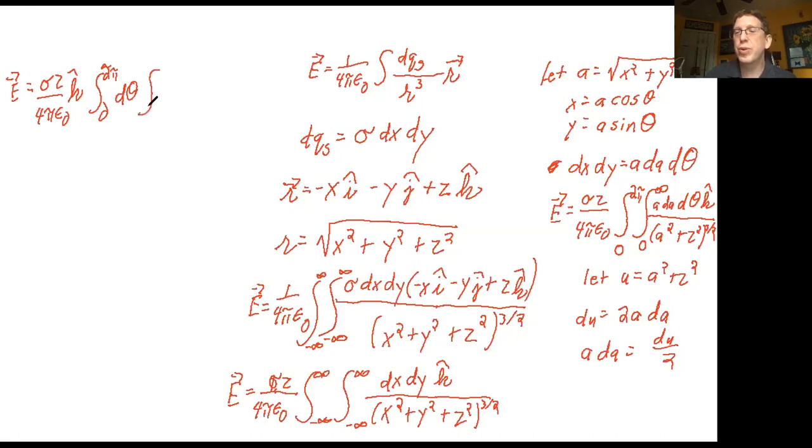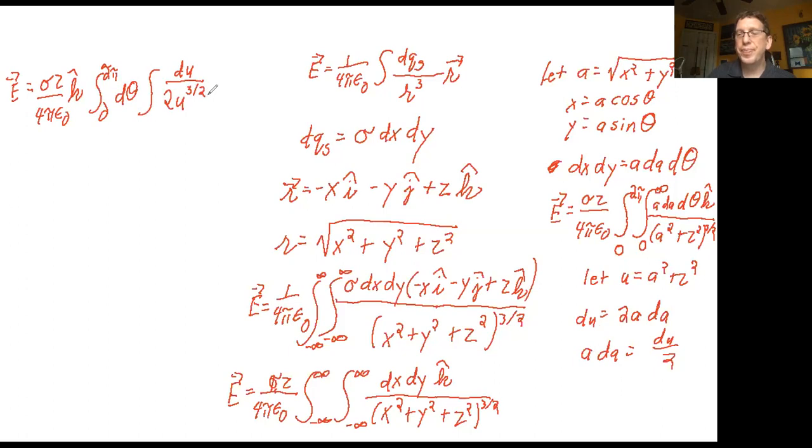Then over here, we have du over 2, don't forget this term, and then that's u to the 3 halves.